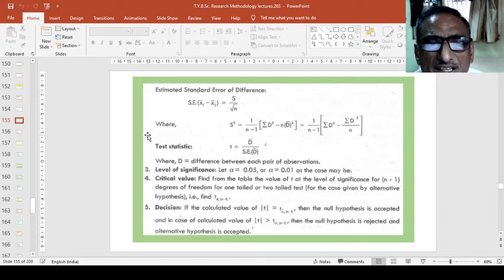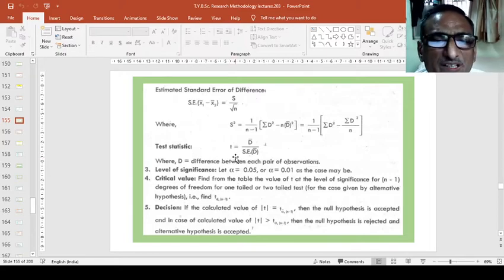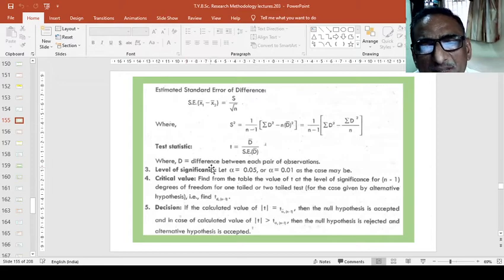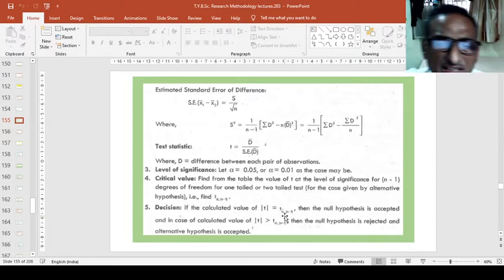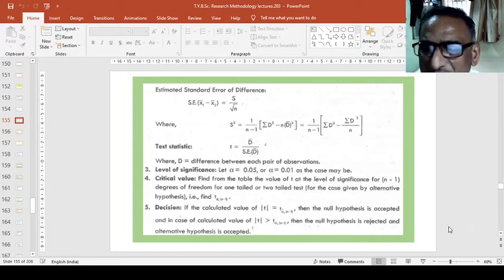So calculate the further values as statistics. The estimated standard error we can calculate by this, and the test statistic can be calculated by t is equal to d bar upon standard error of d bar, where d is the difference between each pair of the observations that we have already observed in the previous solutions. So level of significance alpha is equal to 0.05 or 0.01. These are the only two levels as the case may be, and critical values we can find from the level of significance. Then the decision as per the previous calculations, t-test significance and the hypothesis, we can calculate the values of t.